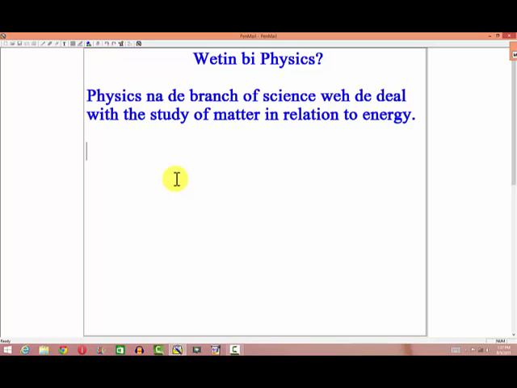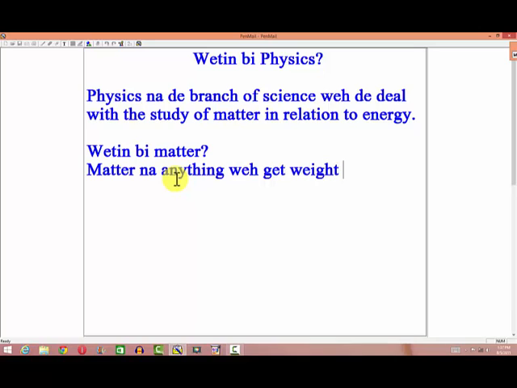So let me define matter for you. What be matter? Matter na anything where get weight and can occupy space.